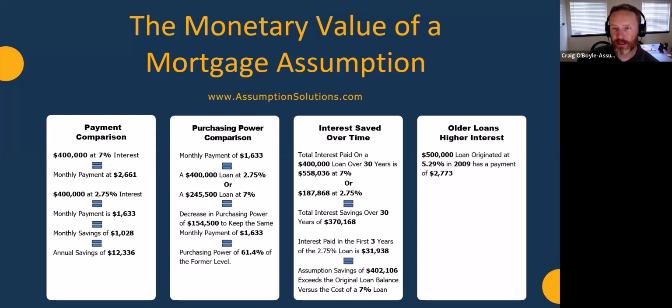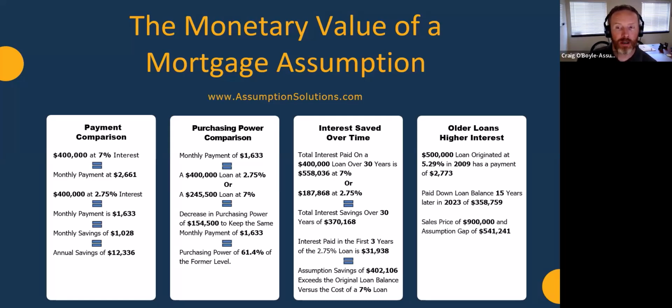There was a $500,000 loan originated on this house at 5.29% in 2009, with a payment of $2,773 per month. Over the first 15 years, the loan balance had been paid down, as of 2023, to $358,759. That's the loan balance that, when the seller went to sell the home, they could market, because that's what somebody would take over that was left on the loan.